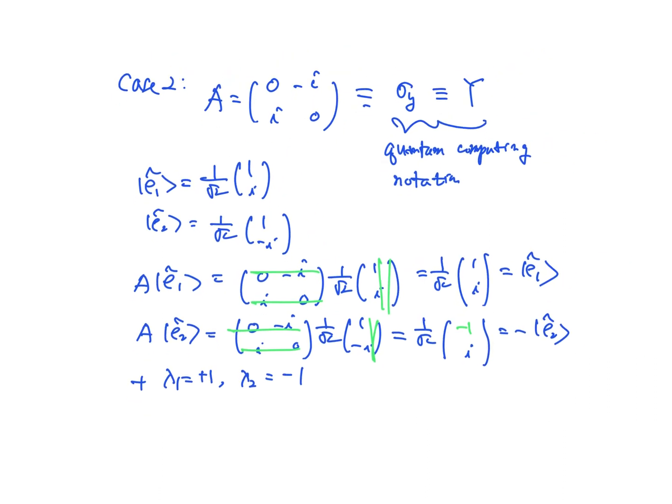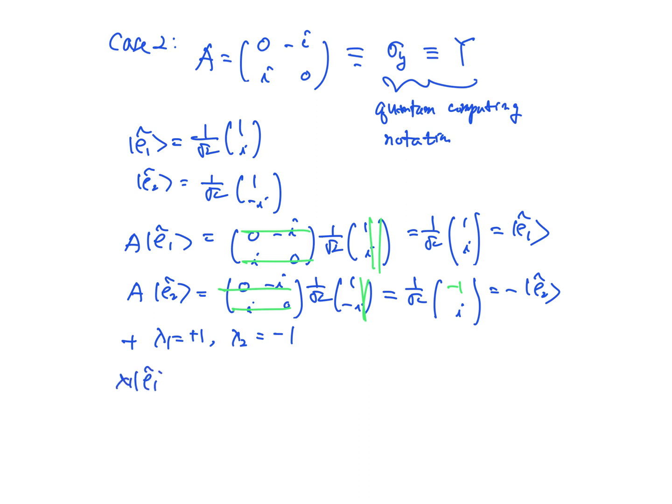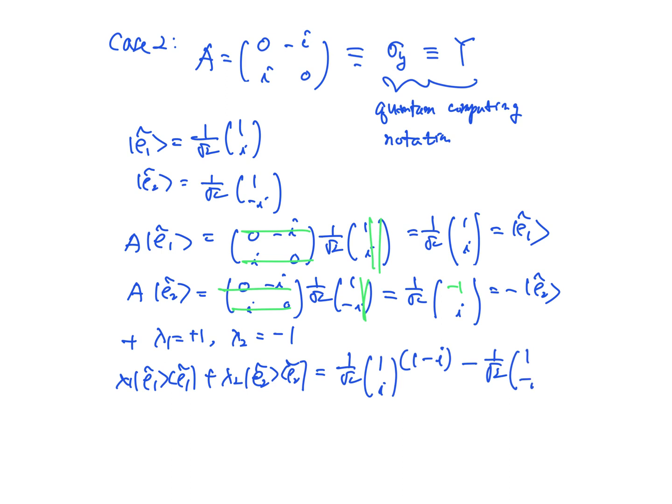And let's check lambda 1 E1 tilde plus lambda 2 E2 tilde. That is 1 over square root of 2 [1, i] times 1 over square root of 2 [1, -i], minus 1 over square root of 2 [1, -i] times 1 over square root of 2 [1, i]. So with the factor 1/2: 1 over 2 [1, -i; i, 1] minus 1 over 2 [1, i; -i, 1].